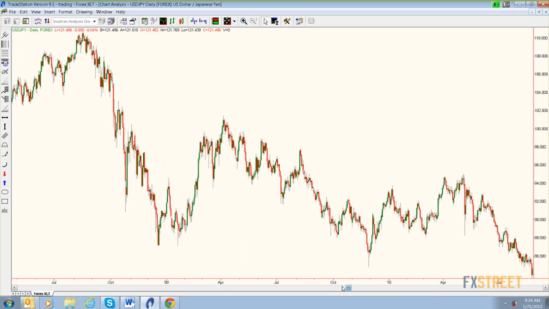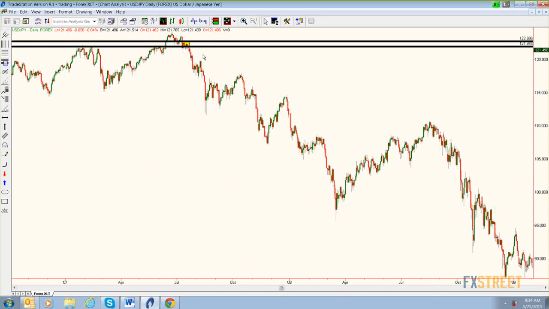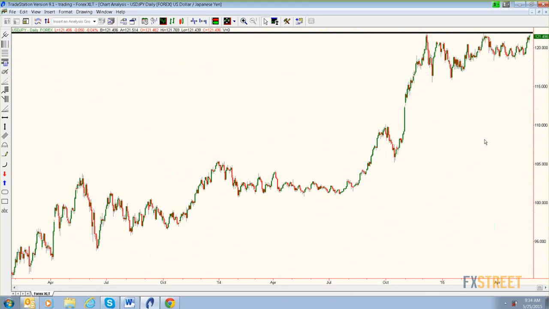So the fact that we just touched this level twice in the big picture and felt pretty good, what does that tell us about the supply in this area? A lot of supply or just a little supply? Yeah, probably quite a bit. Okay.